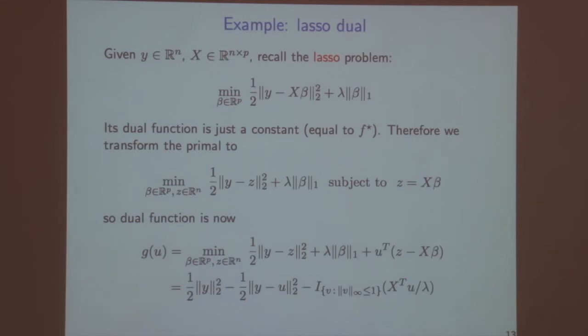And that ambiguity is actually maybe both hurtful and helpful. It's hurtful because it may seem like there's too many possibilities when you write down a problem into how to introduce these constraints. It's helpful in that there's not usually that many possibilities, so you can think about each one. And often these dual problems will have different strengths in terms of how tractable they are. So I like this one, for example, because in this one, in the dual, there's no inverse of x. It doesn't involve inverting a matrix.